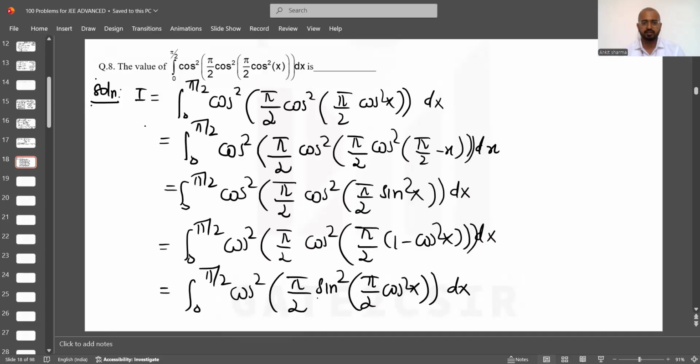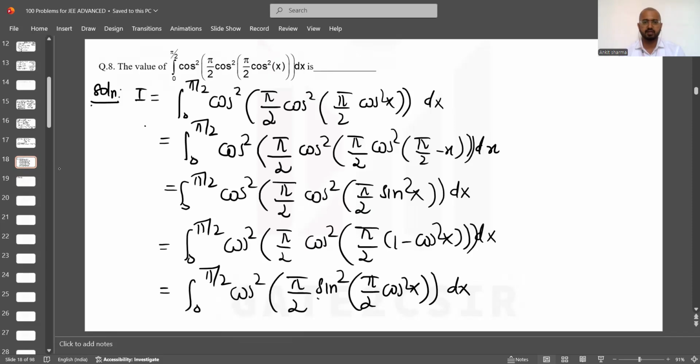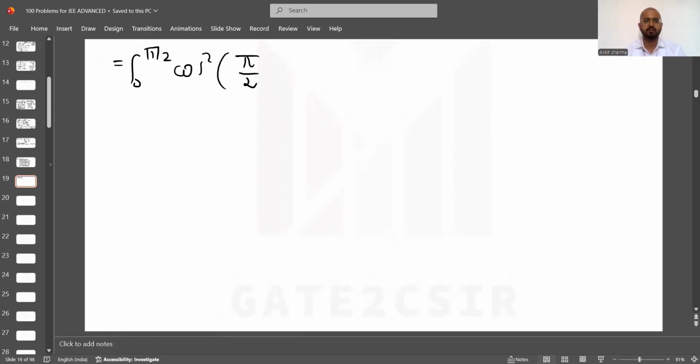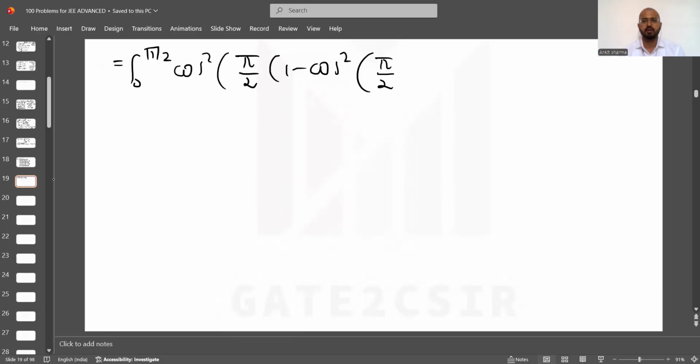So again, I'll be writing this sine square in the next stage: 0 to pi over 2, we have cos square of pi by 2, and then this sine square I'll be writing as 1 minus cos square of pi by 2 times cos square x, dx.